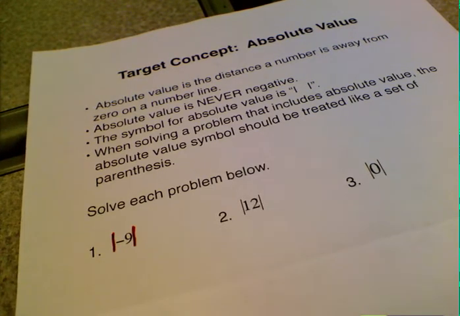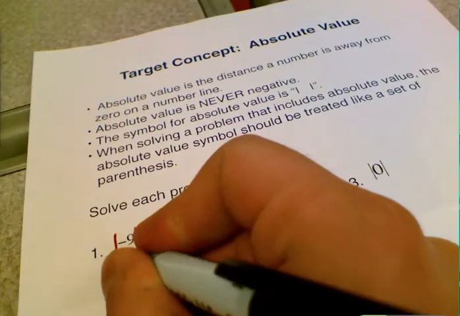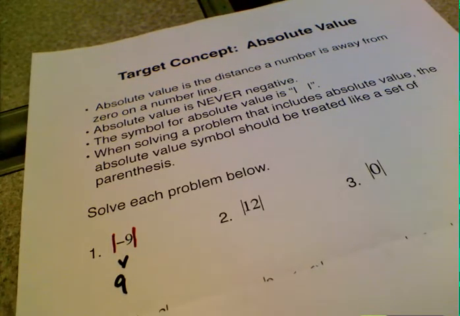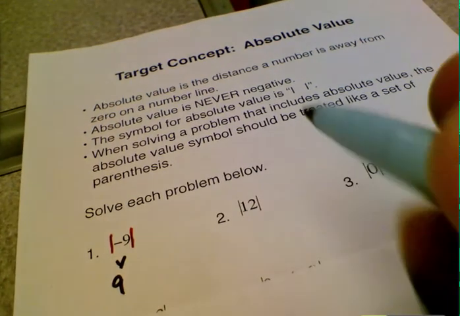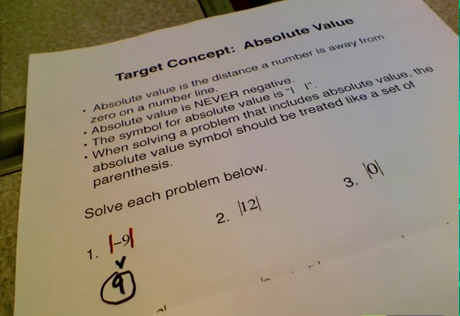What you've now just told me is the absolute value of -9. We say the absolute value of -9 is 9 because it is 9 units away from 0 on the number line. All right, so 9 is my answer. Notice it is positive as well.